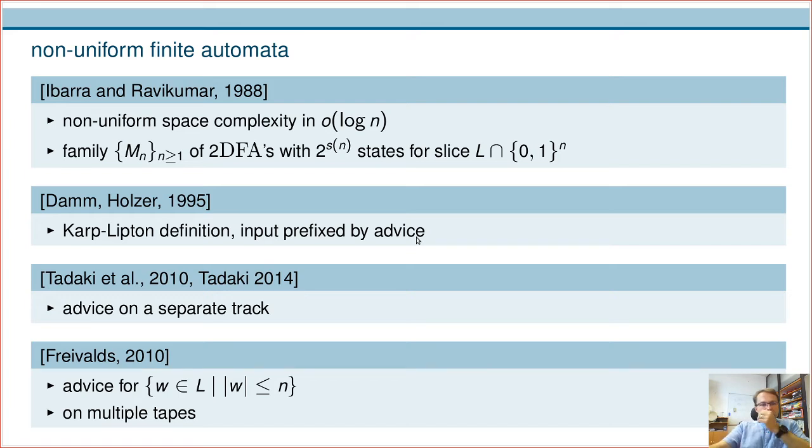Of course, since we have finite automata, it doesn't make sense to have more than a constant, but still there is a hierarchy of languages that can be recognized. But of course there are some languages that cannot be recognized, for example WW, as was proved there, and it means that this definition is in some sense strictly weaker than the Ibarra-Ravi Kumar definition.